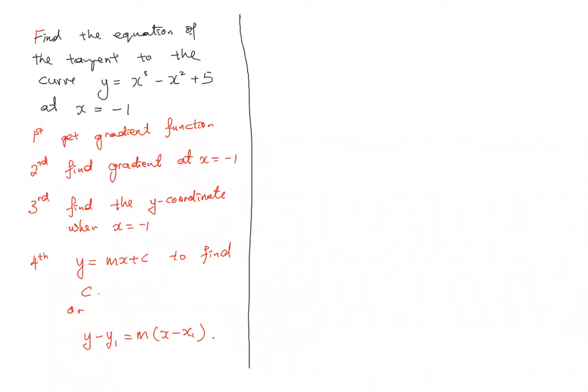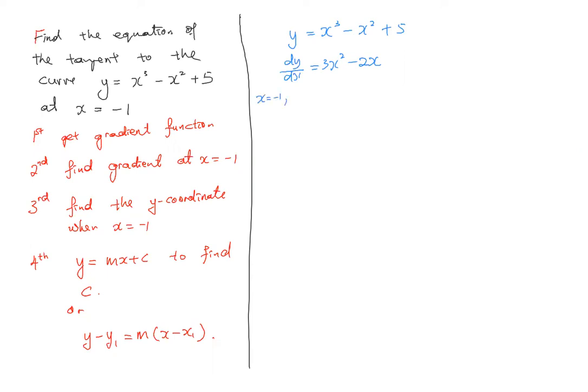Okay, Javashini, can you please tell me what is the gradient function for this given function? 3x square minus 2x. Okay, so after that, what should I do? Do you sub in the -1? Yeah, so I say x equal to -1.